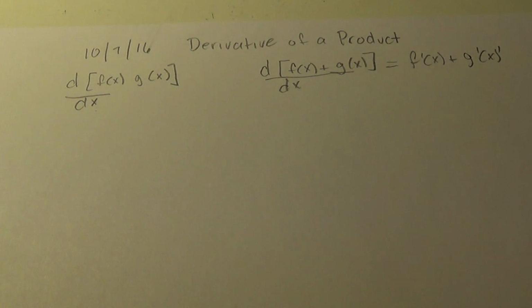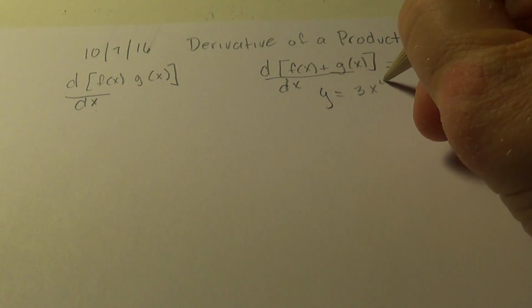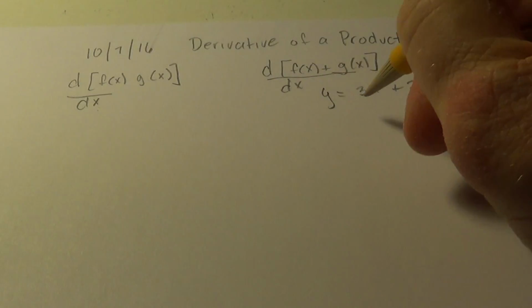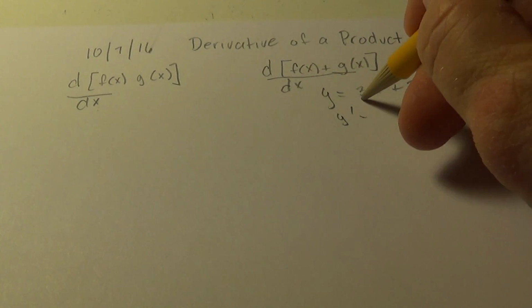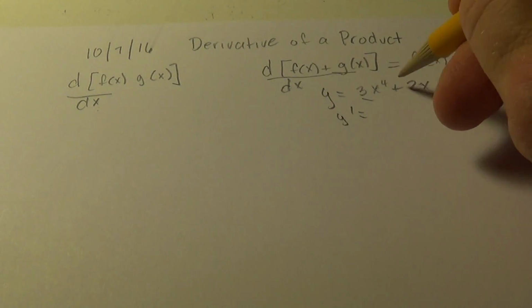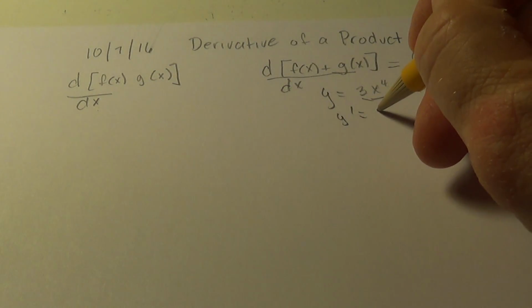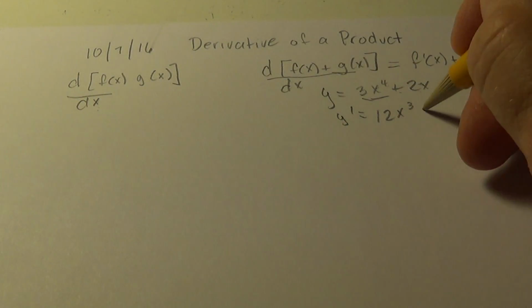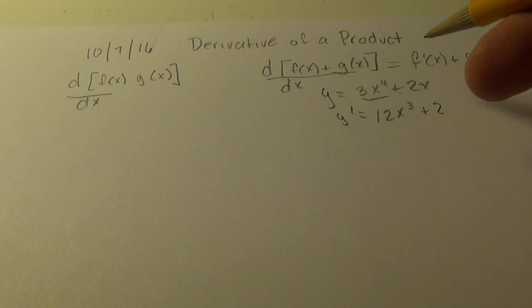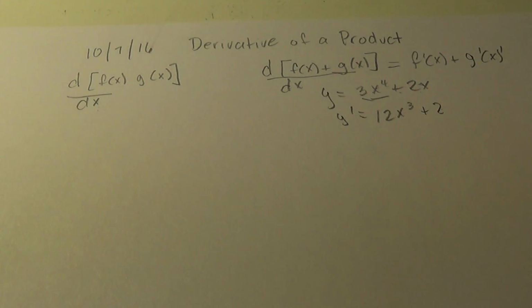And we have put that into practice a lot, like if we had y equals 3x to the fourth plus 2x, the derivative, so we have a sum here. We just went along and did the derivatives term by term and added them up. So this would be 4 times 3, 12x cubed, plus 2. So the derivative of this sum was the sum of the derivatives.